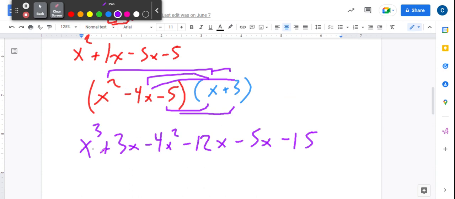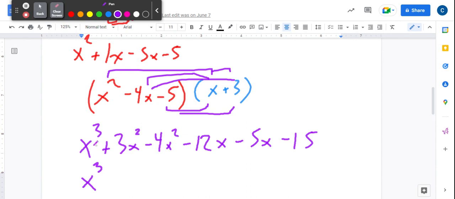All right. So now we can combine like terms. X cubed sort of stays by itself. The x squared, we have negative 4x squared, and that's the only x squared term. Actually, check that. When we multiply the x squared, x cubed with 3x squared, we get 3x squared there.